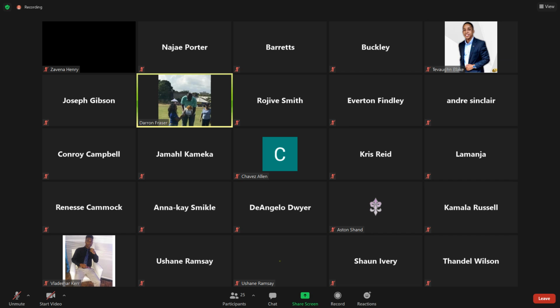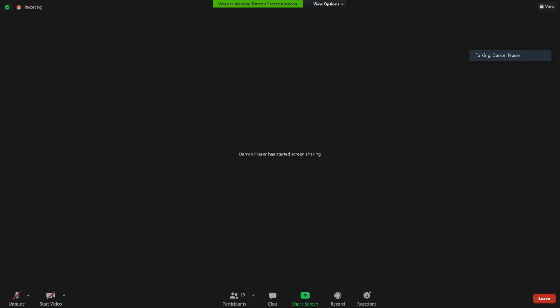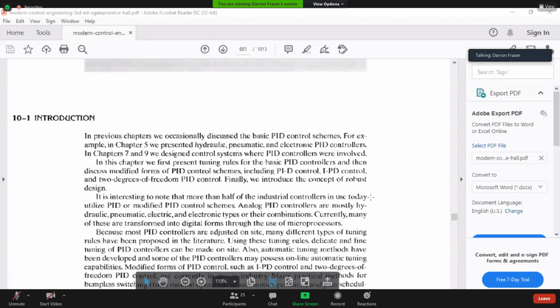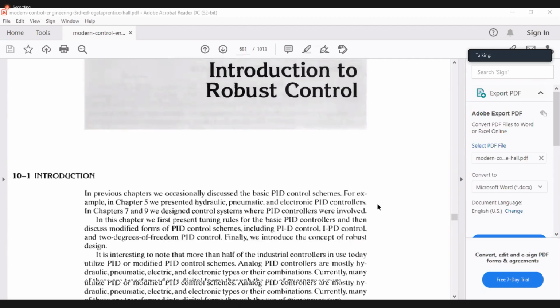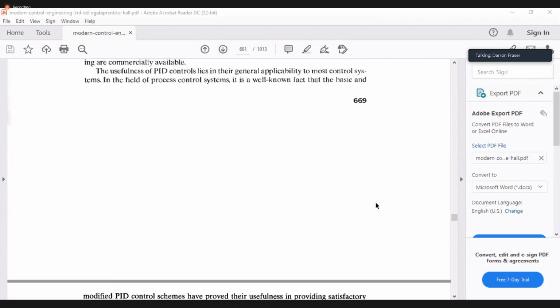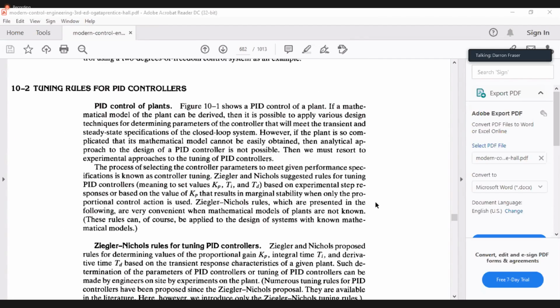All right. So let me just deal with the chapter. Chapter 10 in the Agata is on PID controllers.